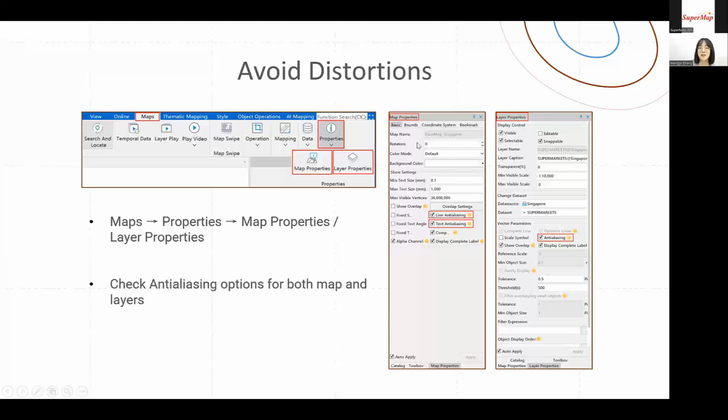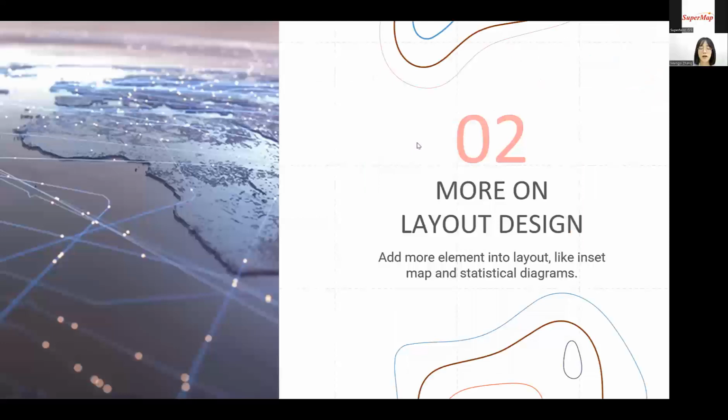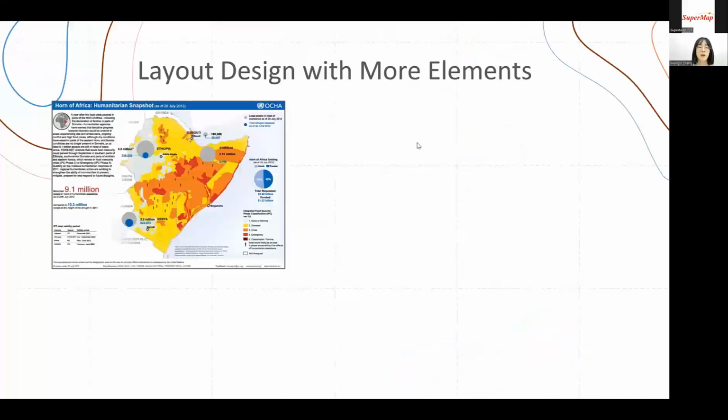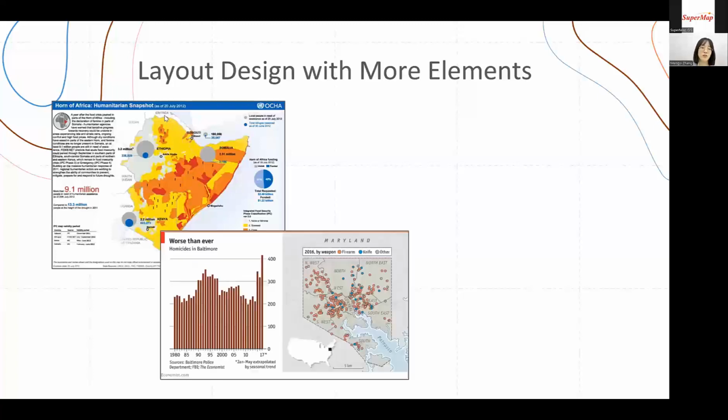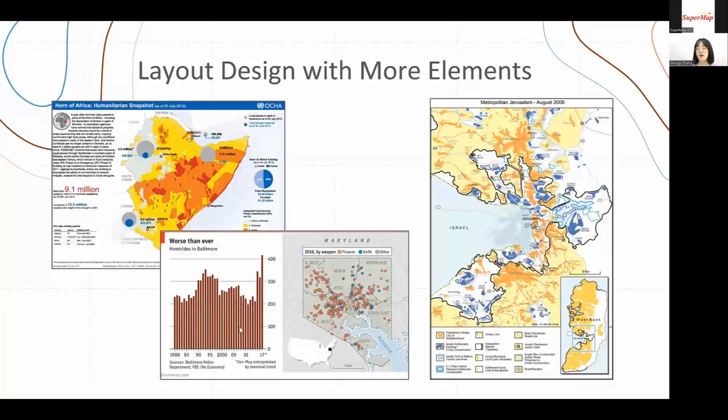So first, here I have some examples of well-designed layouts, and you can see that to be informative, they not only contain those basic elements we added to our map layout in the previous session, but also some statistical diagrams to provide more information, not just about the map, but about the whole study area or the background information of the project, and also to demonstrate the physical location of their study areas.